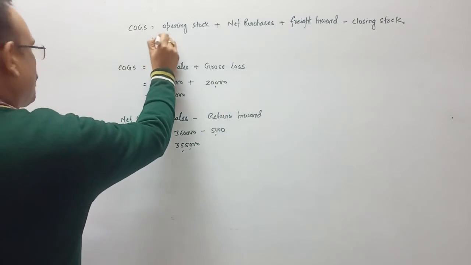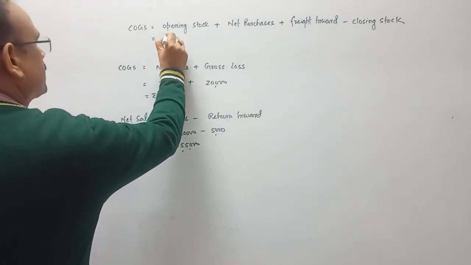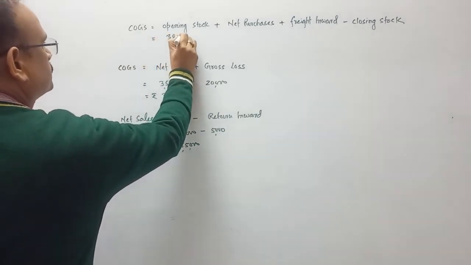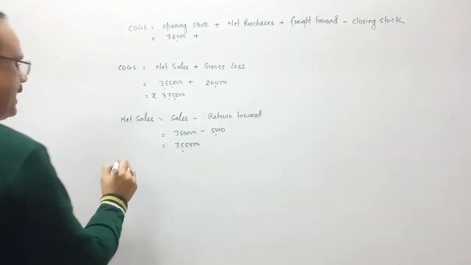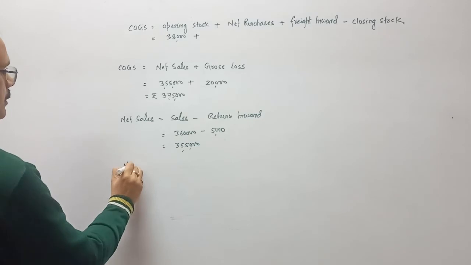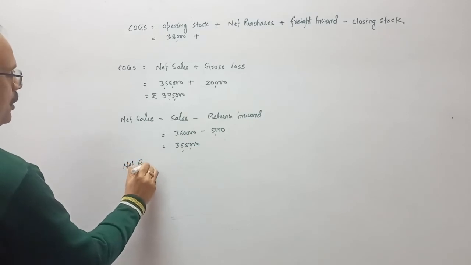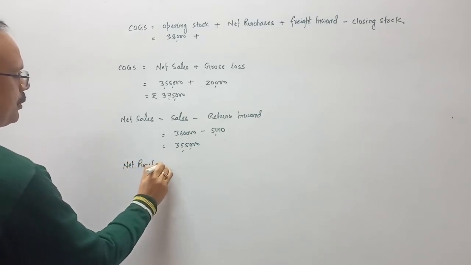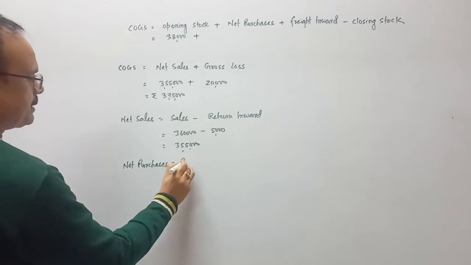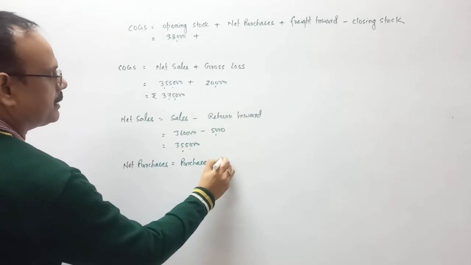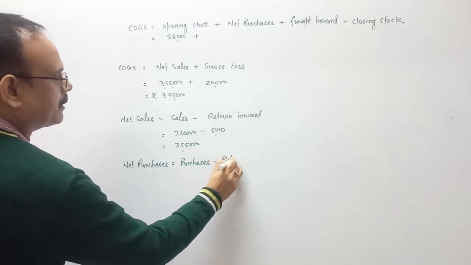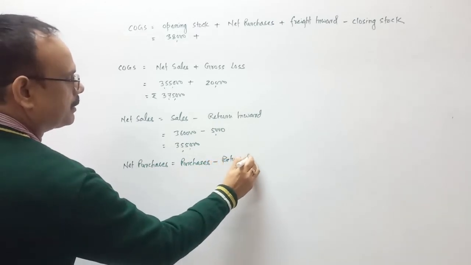So opening stock given in the question is 38,000. Net purchase you calculate. Net purchase is equal to purchase minus return outward.